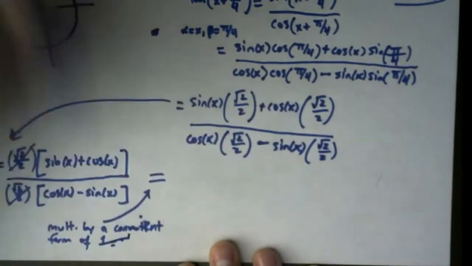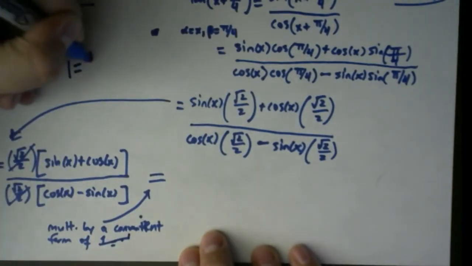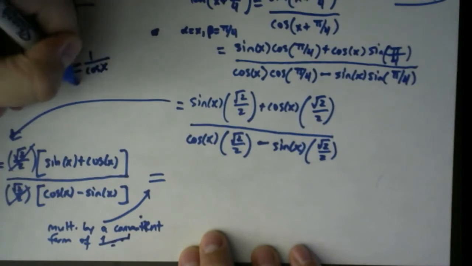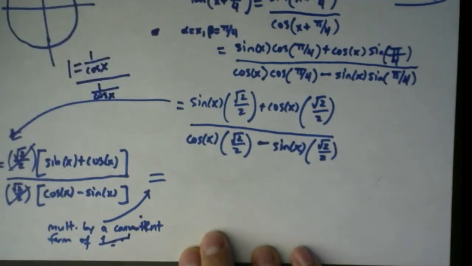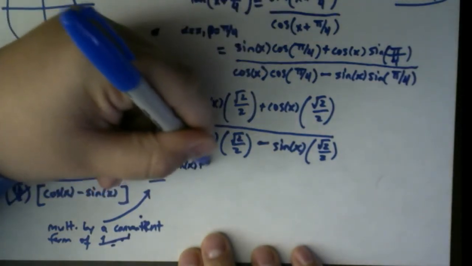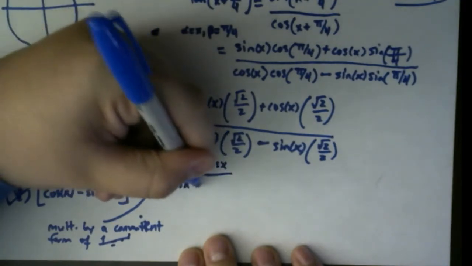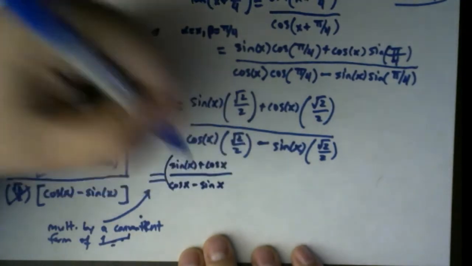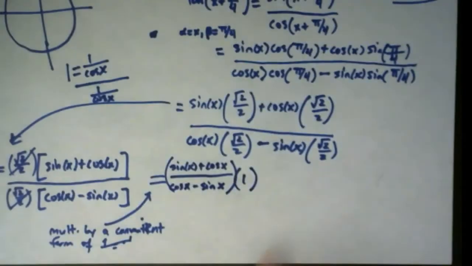So the fact is that 1 is equal to 1. I don't have room, let me put it right here. 1 is equal to 1 over cosine x over 1 over cosine x. Because anything is equal to itself times 1, I can say that this expression is equal to this expression times 1. This is a lot like when we were converting units.